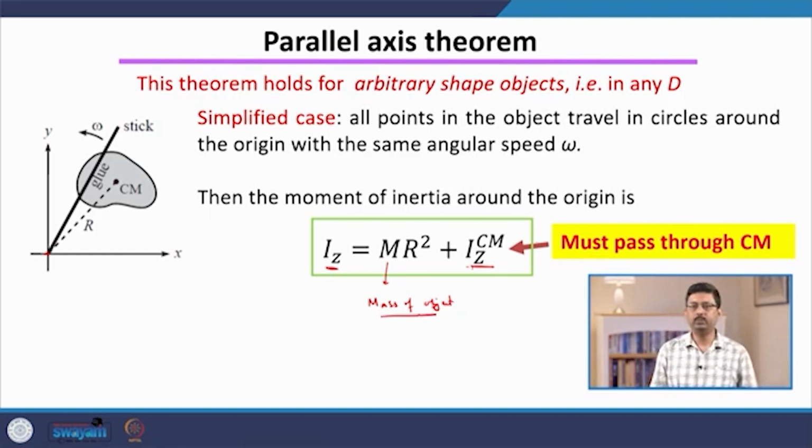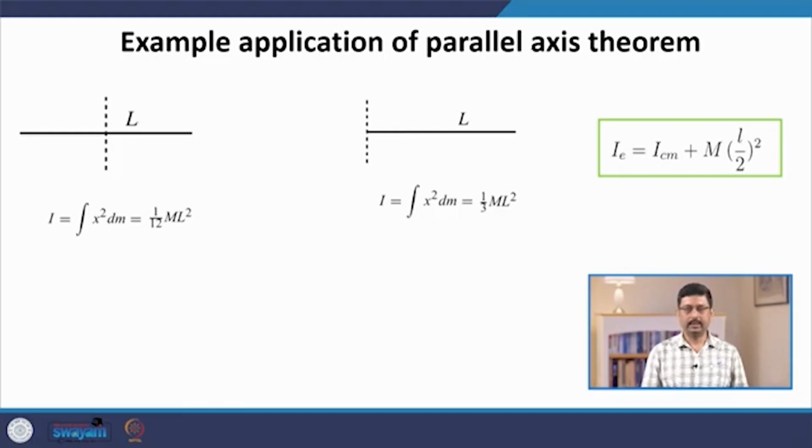Again, we are not going to prove this theorem, but we are going to use it in some examples. So, here is an example. Suppose we take a stick or a line as our object, as a mass distribution, and the density is uniform. Then it is easy to see that by symmetry the center of mass must be at the middle point of the line.